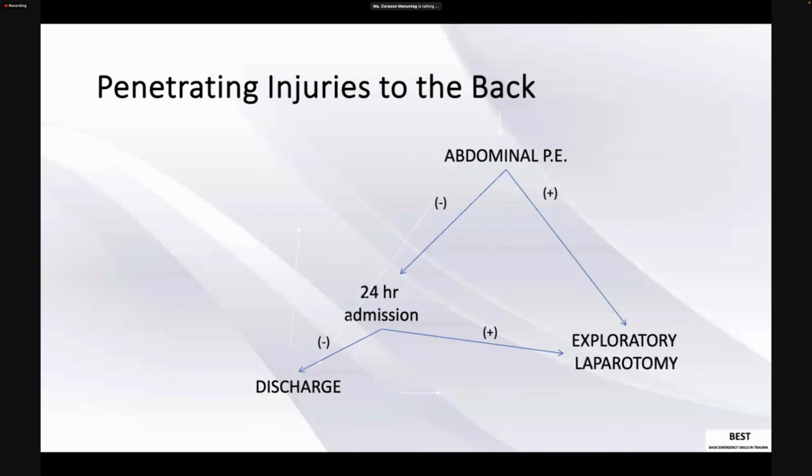Anything other than your back is your abdomen. Wala nang definition ng flank. So, kung may stab or penetrating injury to the back, tapos walang abdominal findings, then wala tayong gagawin. Kung may abdominal findings, that's when we explore.